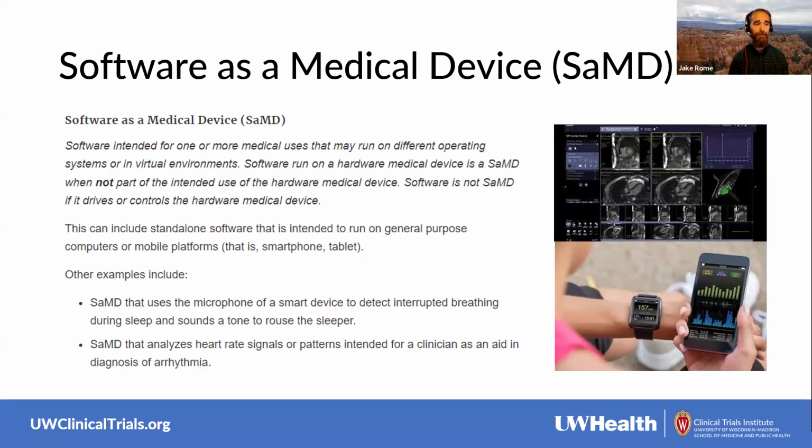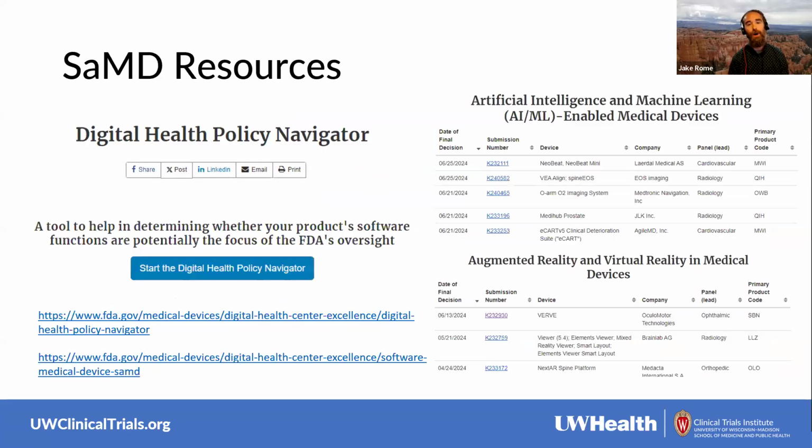So it can be really tricky to sort this out as well. But again, if you're developing your own software, more likely than not, you're looking at something that's potentially software as a medical device. Now, I could spend a day talking about software as a medical device and what is and isn't considered software as a medical device by the FDA.